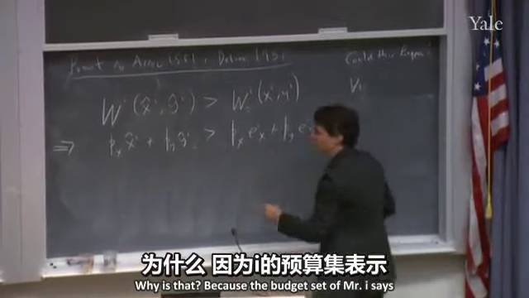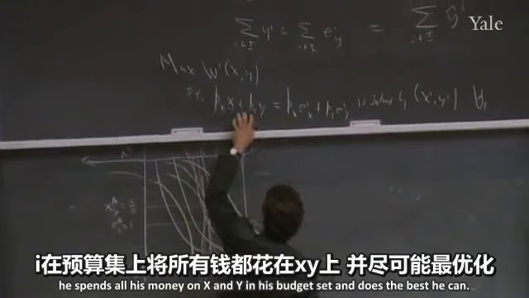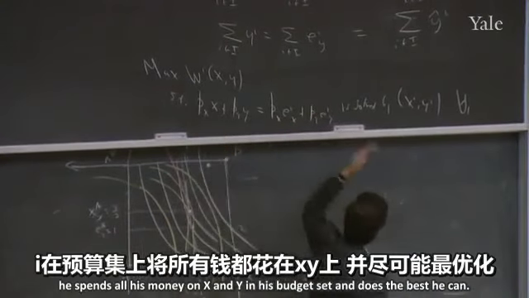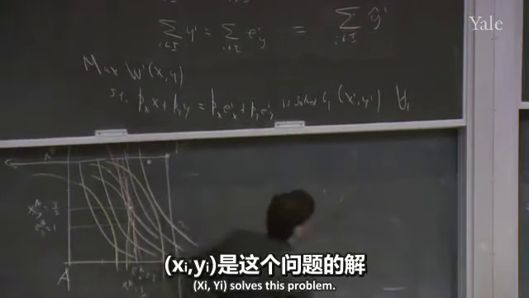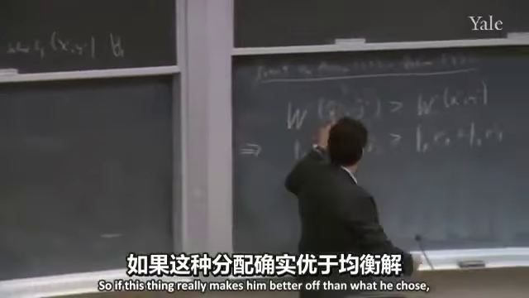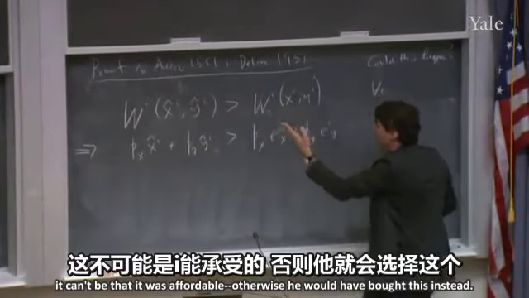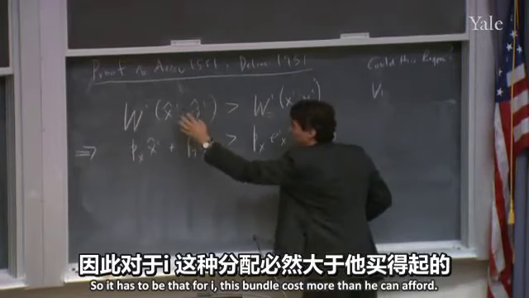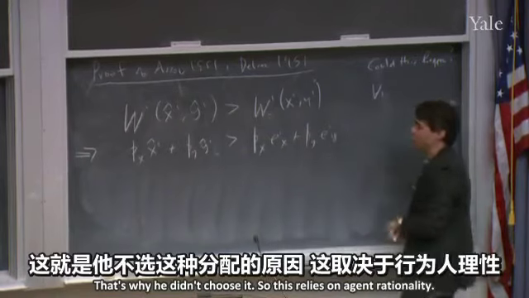Because Mr. i spends all his money on X and Y in his budget set and does the best he can. Xi, Yi solves this problem. So if this bundle really makes him better off than what he chose, it can't have been affordable. Otherwise, he would have bought this instead. So for i, this bundle costs more than he can afford. That's why he didn't choose it.